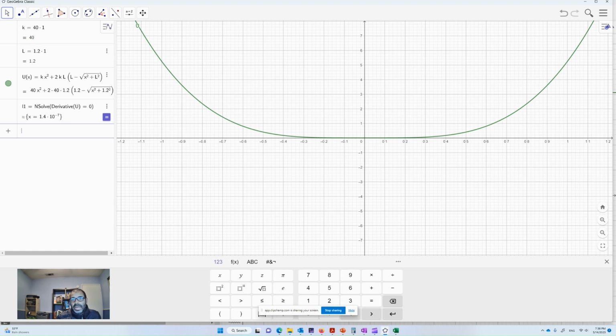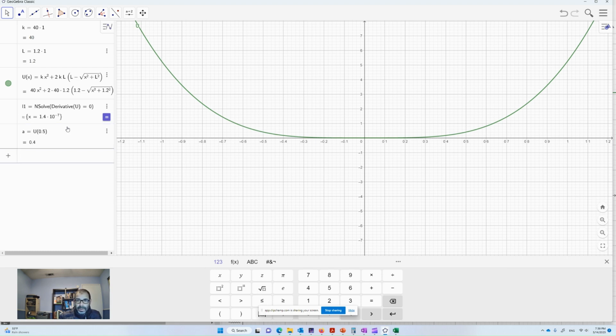If the particle is pulled half a meter away to the right and then released, I'm reading the problem, what is the speed when it reaches x equal to 0? So again, we need to find the energy at that point. When it's released, we take it half a meter away and we let go of it. So we need to find the potential energy at that point, and the potential energy is 0.4 joules.